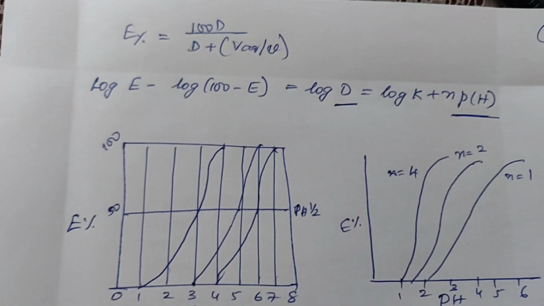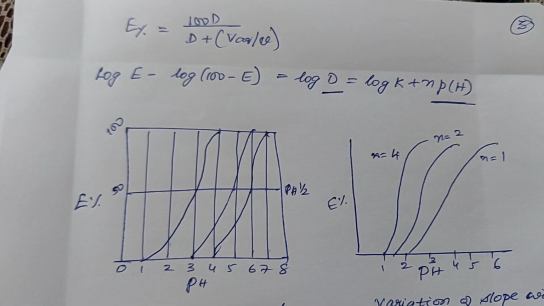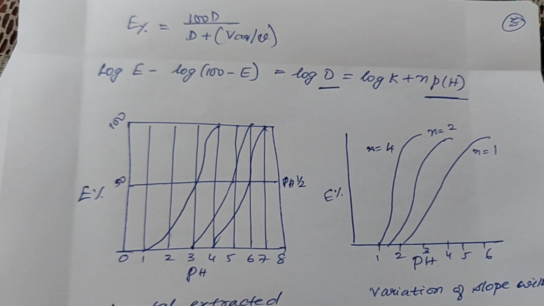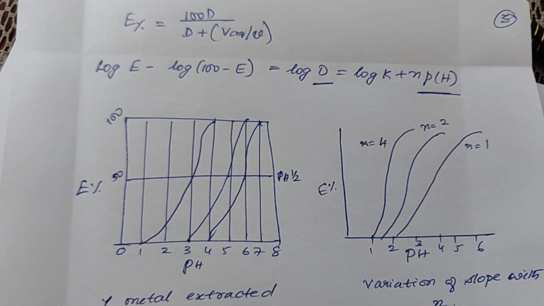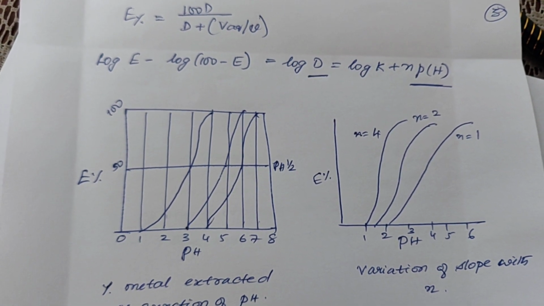Percentage extraction is given by 100D divided by D plus V aqueous divided by V organic. Hence, log of E minus log of 100 minus E is equal to log D, which is equal to log K plus npH.